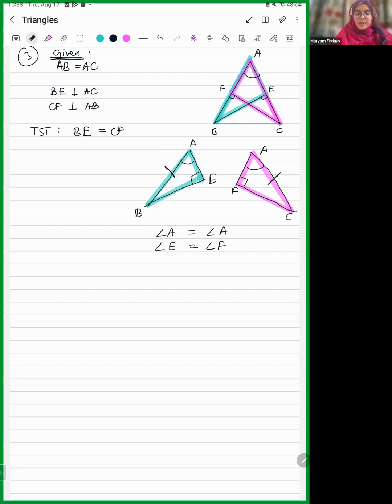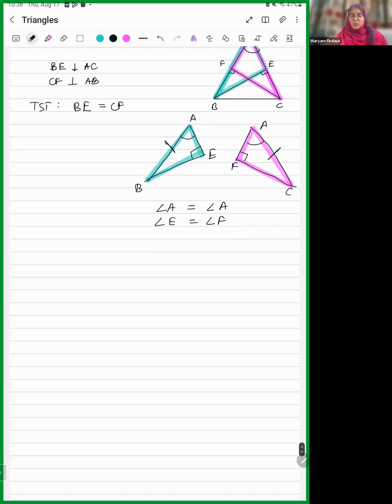So what about angle B and C? Let's do the angle sum property, which says 180. But there is no property as AAA. I'll just show you what's happening here.